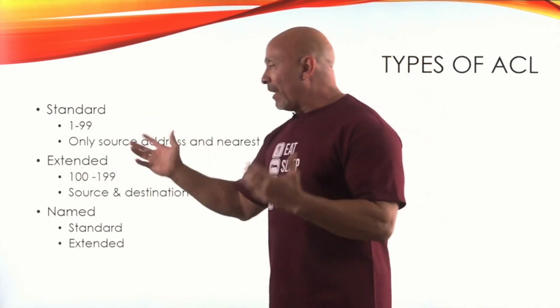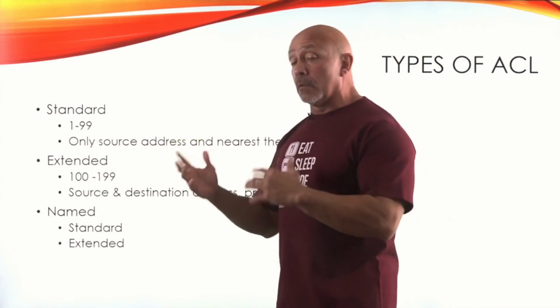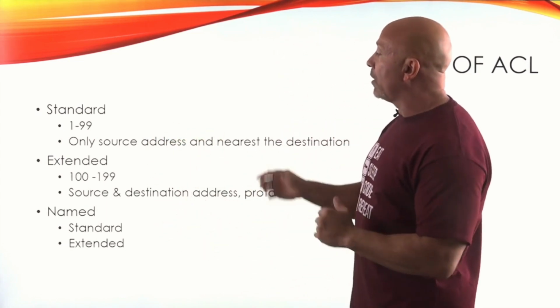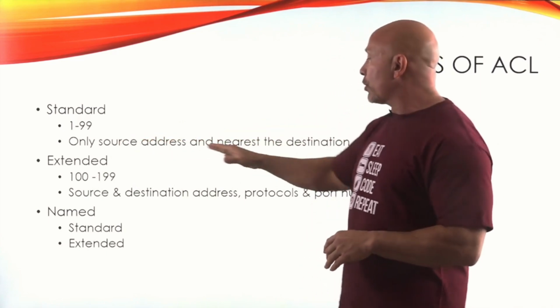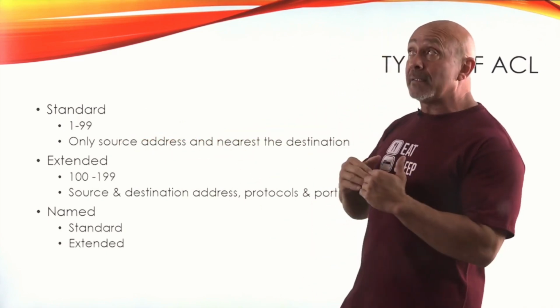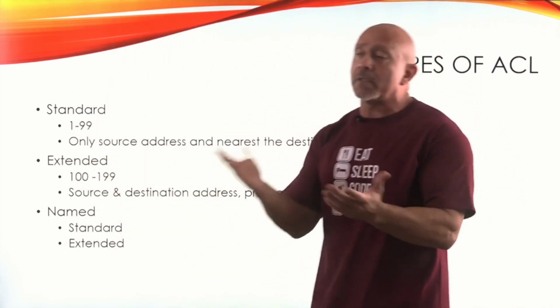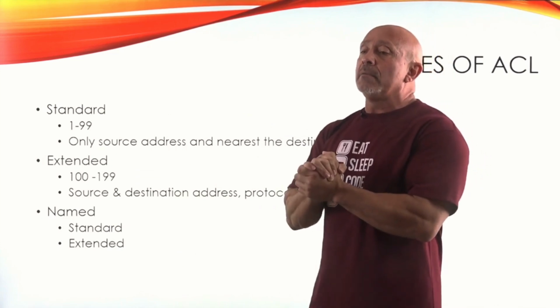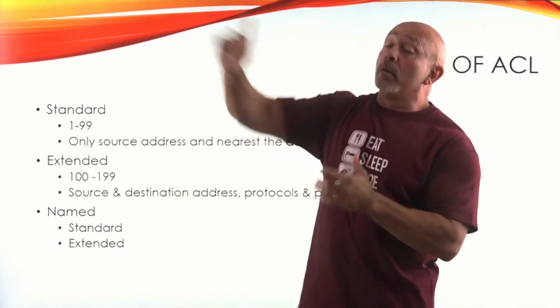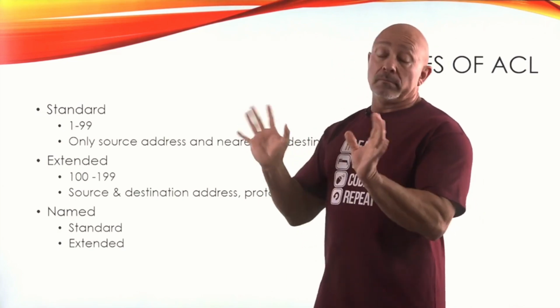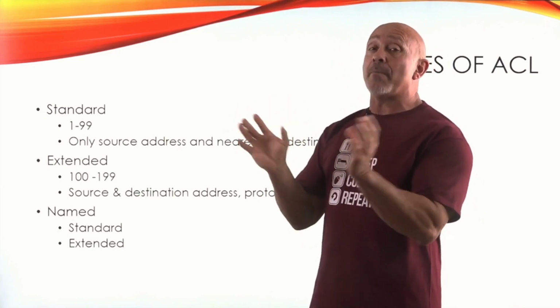Now, benefits or disadvantages to one or the other. Standard access lists are very limited because you can only use source addresses and you need to place it nearest the destination, because all you can say is, hey, I'm denying myself from accessing that over there. Well, you can say that, but you can't write that.